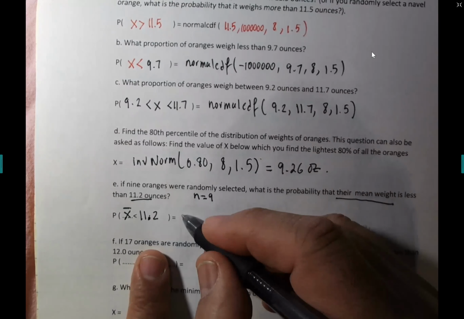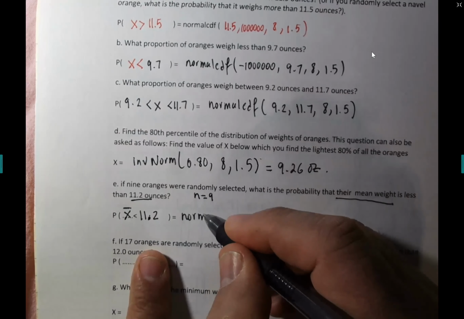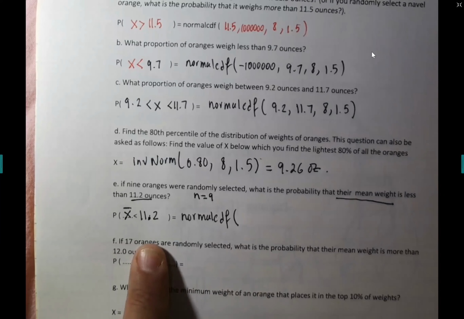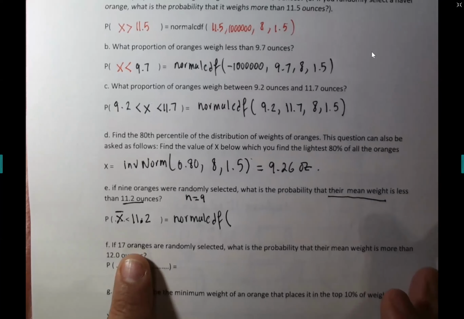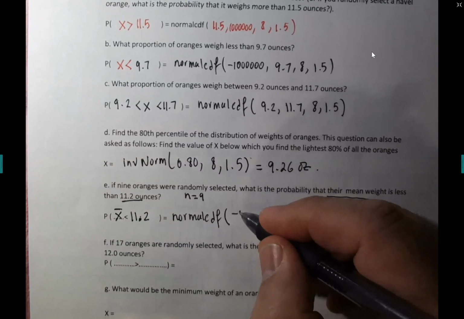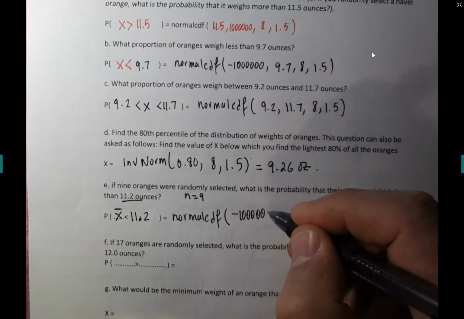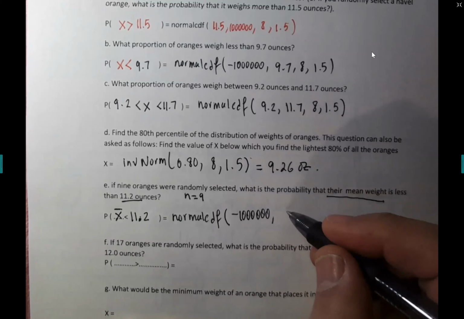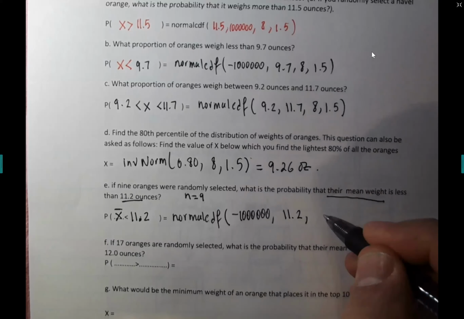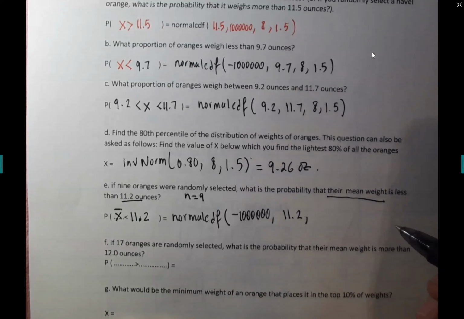Okay, can you guys help me out? What would that be? Normal CDF. What would be the lower bound? Negative a million. Upper bound: 11.2. Mean, that doesn't change.